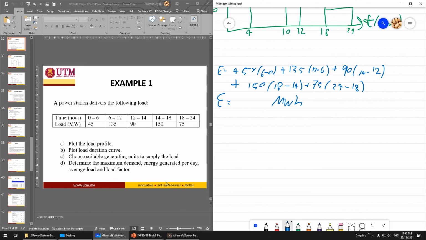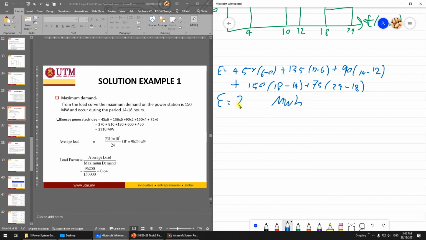So next is the average load. Of course, you have to divide by the time. You can see here this is 24 hours. Let me get the answer first. The answer is correct, 2310. Only this one is wrong, so no need to worry.